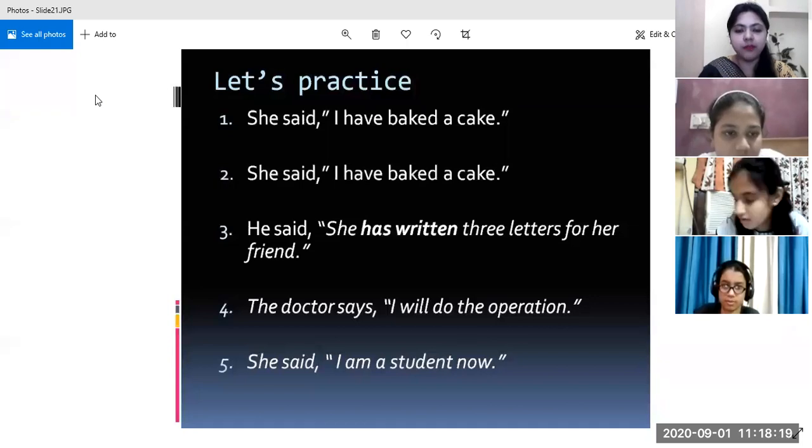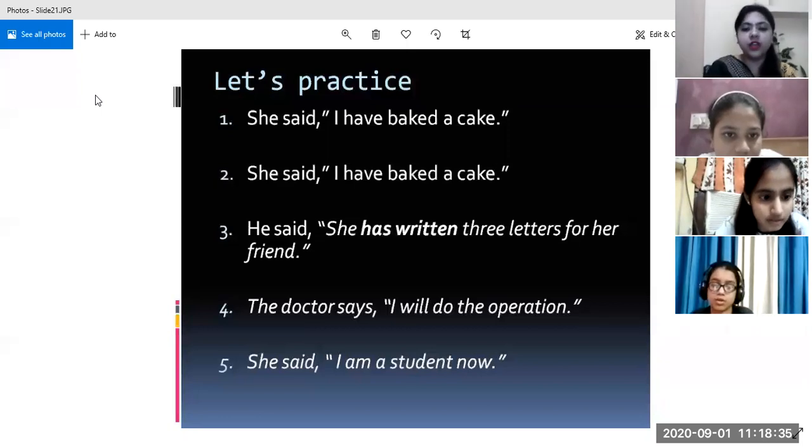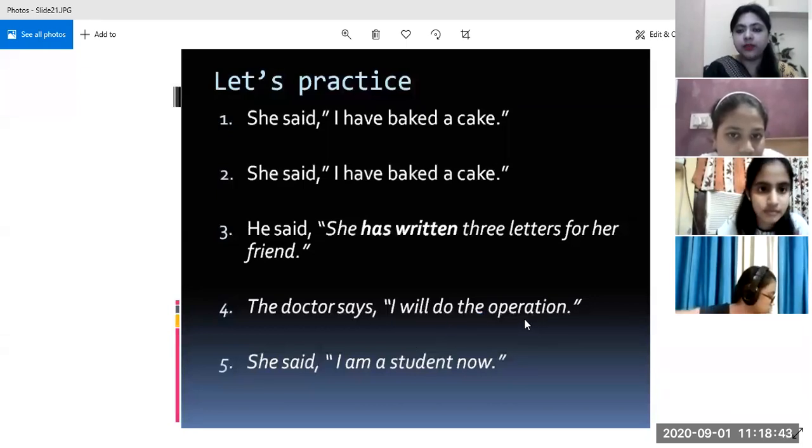Why are you transforming says into said? What is the reporting verb? Says. So say it again. The doctor says that he will do the operation. Very good. Why has she not changed the sentence in the reported speech? Because the reporting verb is in present tense.